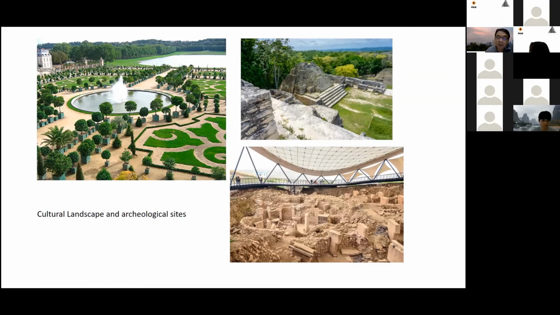Now, the one on the bottom there is an excavation site. It gives us an idea of how those people did things in those days. Ruins also tell us how the people lived at that time. And sometimes you're surprised, hey, they had toilets already in those days. We thought they would just do their business around the street or drain or riverside.